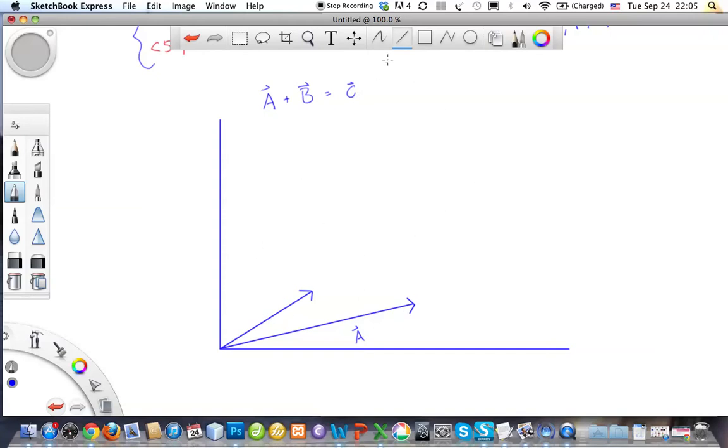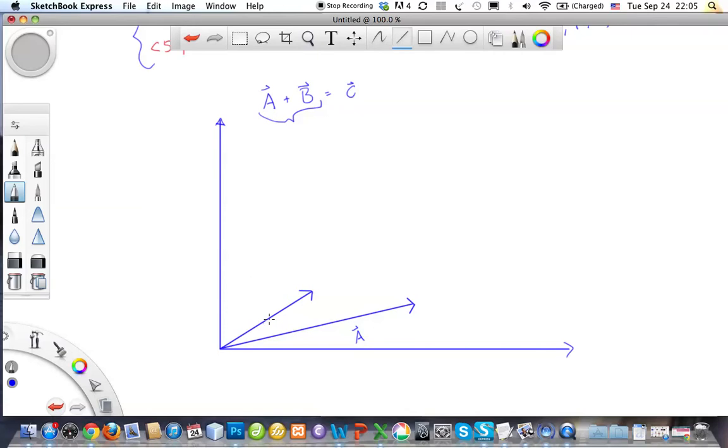Now, when it comes to vectors and plotting them on a Cartesian coordinate system, you can actually move a vector anywhere you want. So when I add these two vectors, A plus B, I want to move this vector head to tail. I want to move this tail to this vector right here.